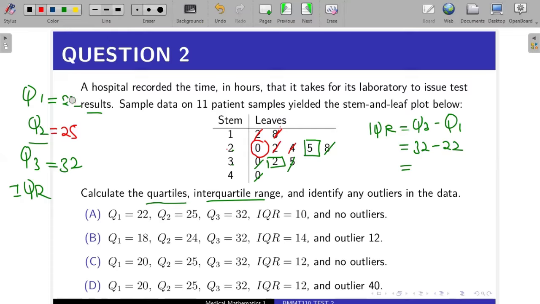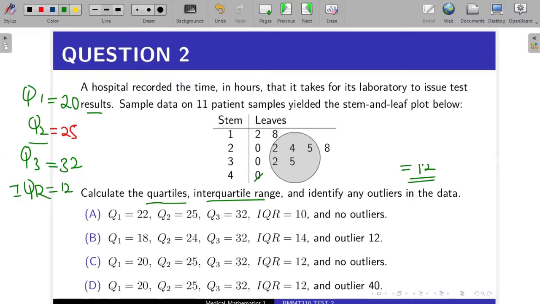I made a mistake there, so let's put 20. For the Q3, I didn't make a mistake; I found it correctly. So 32 minus 20, I find my interquartile range to be 12.